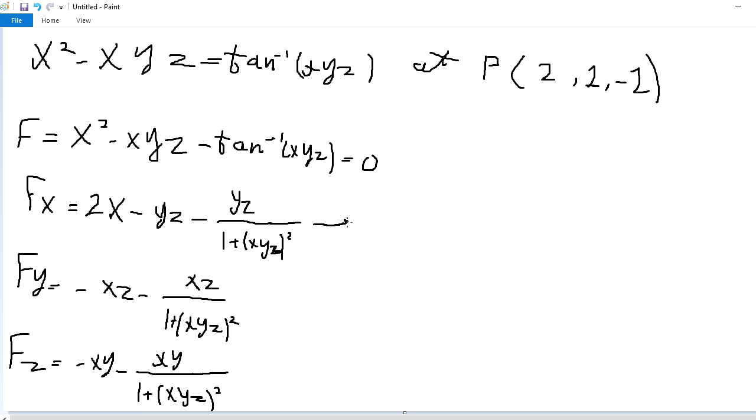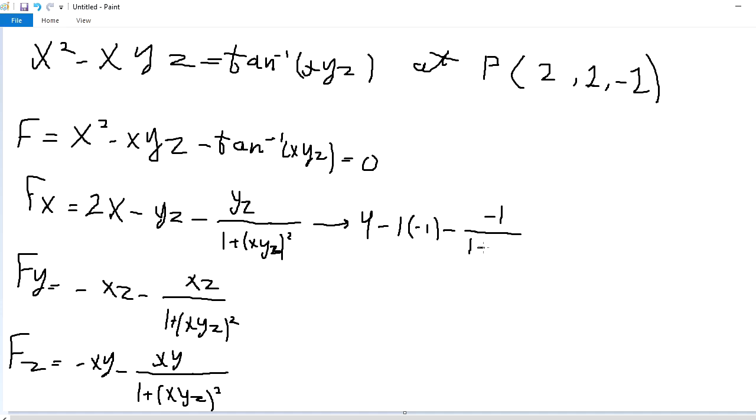And then let's substitute the variables with x, y, and z. So 2 times 2 is going to be 4. Then negative y times z, so negative 1 times negative 1 is going to be negative 1.